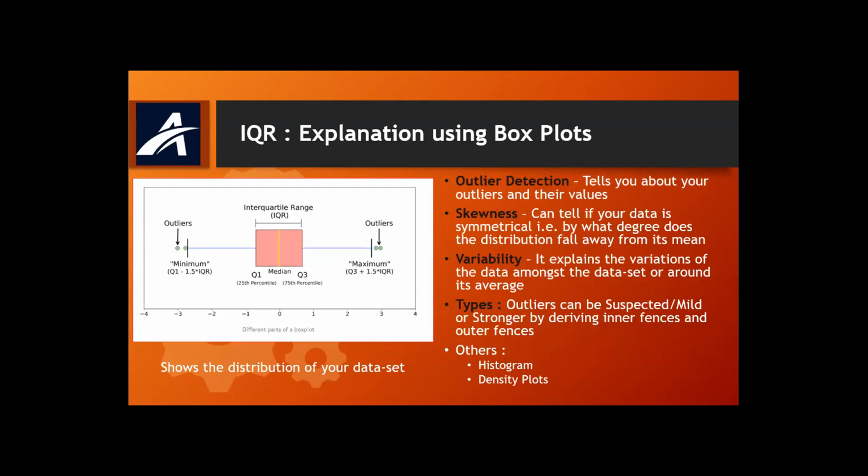Using an interquartile range, you can also tell how skewed your data is, positive or negative, though it will not visually represent that. The main understanding of an IQR is to be able to detect outliers through a box plot.